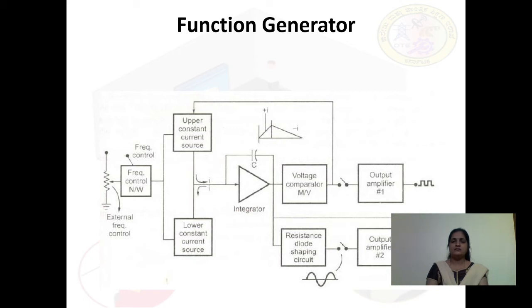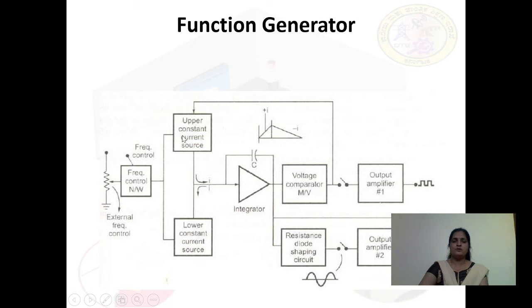And in this slide, we are observing the block diagram of a function generator. In this function generator, the main blocks are a frequency control network. Here we are using a frequency controlled voltage in order to operate two more important blocks called the upper constant current source and the lower constant current source.